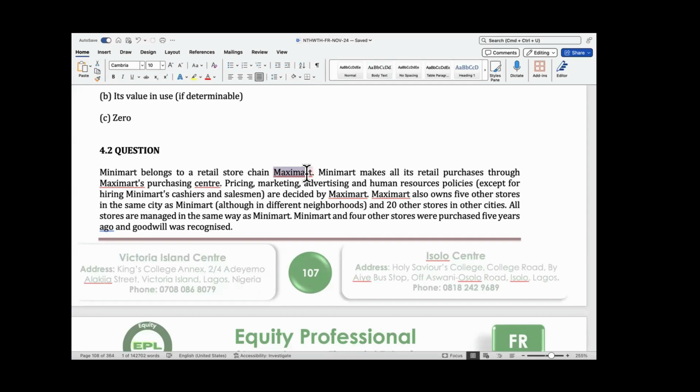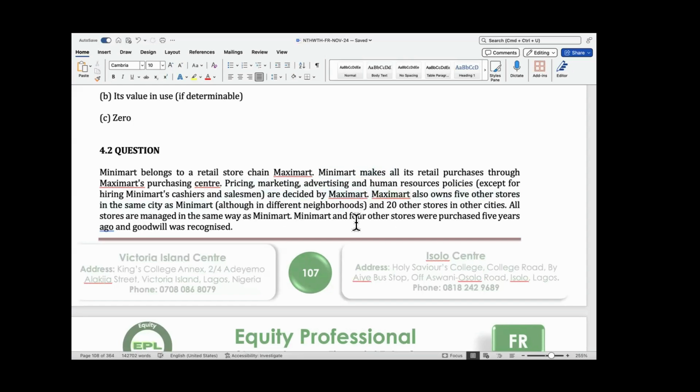Those small branches are what these guys are calling Minimart, and the major company itself is Maximart. Pricing and marketing are determined by the main retail store, Maximart. And of course, Maximart's other 5 stores are like Minimart. So all stores are managed the same way as Minimart.